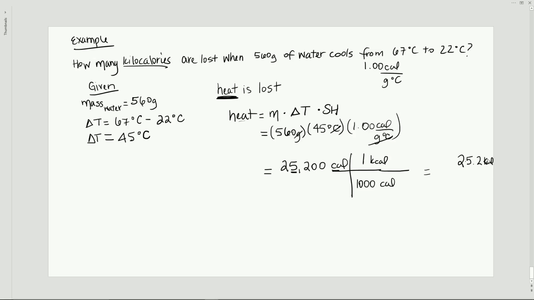Okay, but we only need 2 sig figs in our answer, so we would round to 25 kilocalories. Okay, so the number of kilocalories that are lost when 560 grams of water cools from 67 to 22 degrees Celsius is 25 kilocalories.